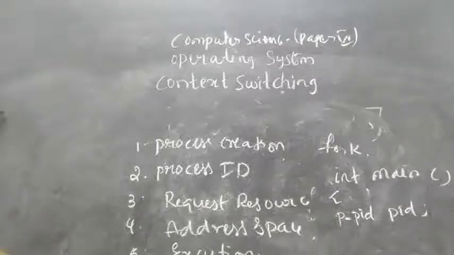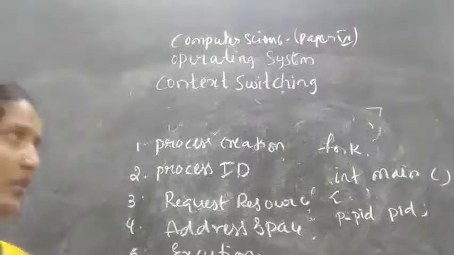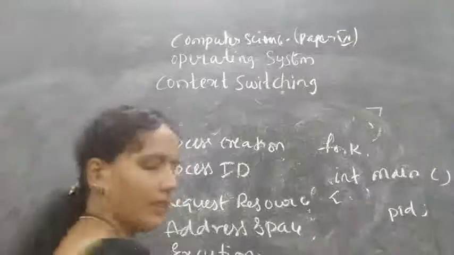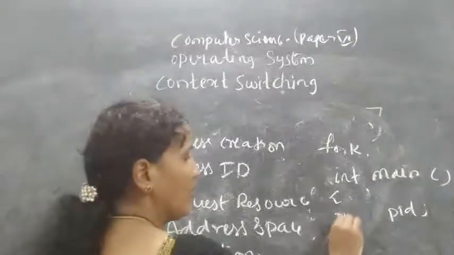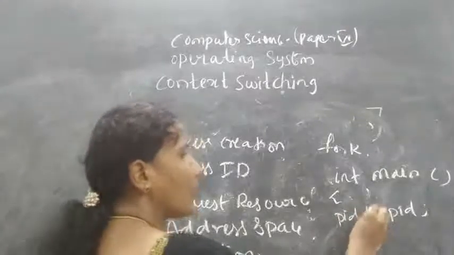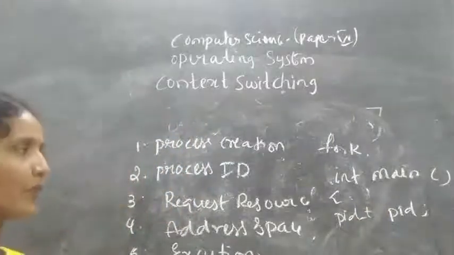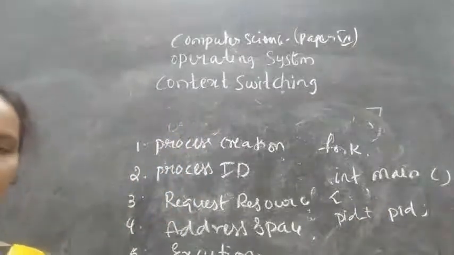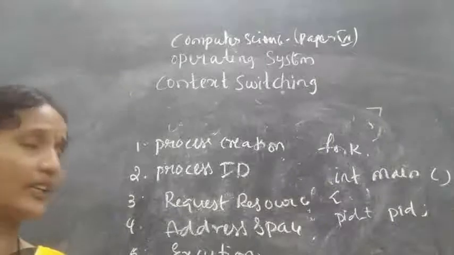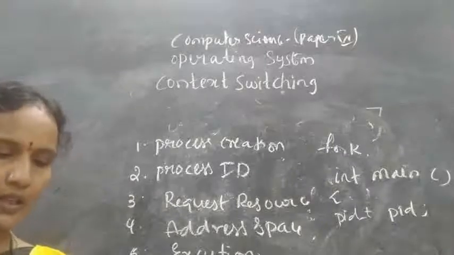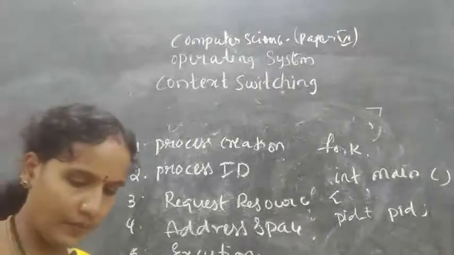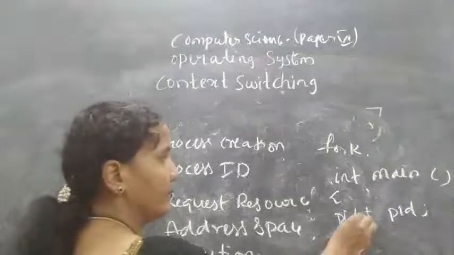If you want to create any new process, you need to give this data type. Here pid_t or int you can take. Using that data type you are going to create a child process.